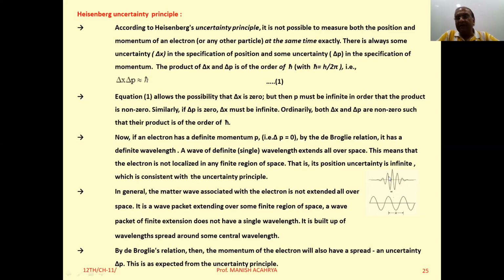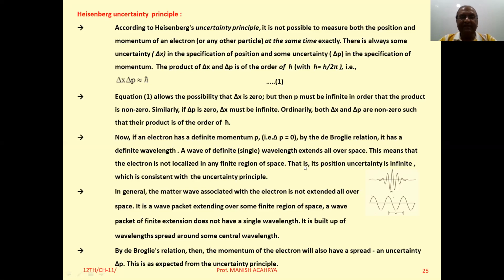But if the position is fixed, then as per the equation p equal to h by lambda, lambda is the combination of so many wavelengths. So if we consider all these wavelengths, then momentum becomes uncertain. Clear?